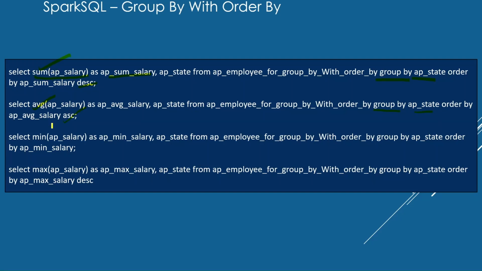So let's write this query over the Databricks and see the resultant data set, how it is ordered with the help of the order by clause, in ascending order and in descending order. So let's go to the Databricks.